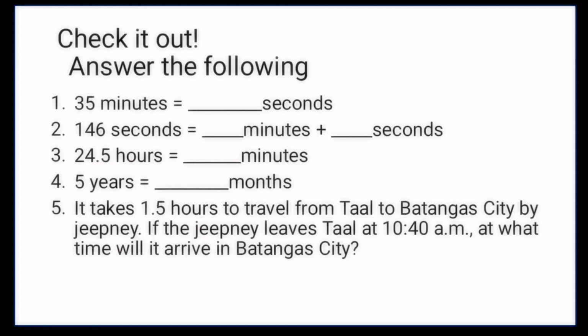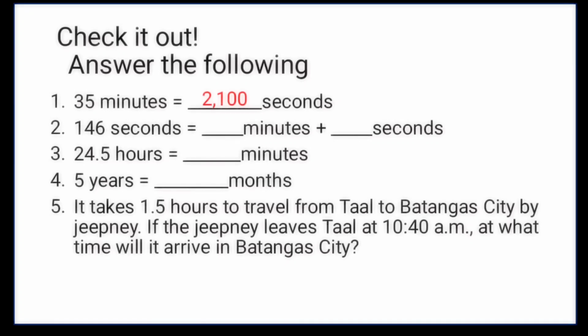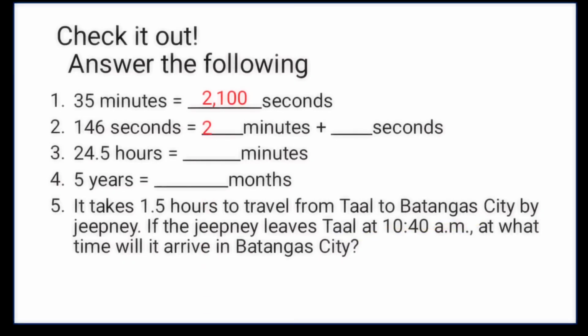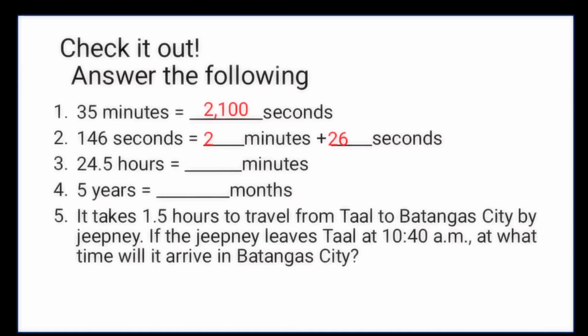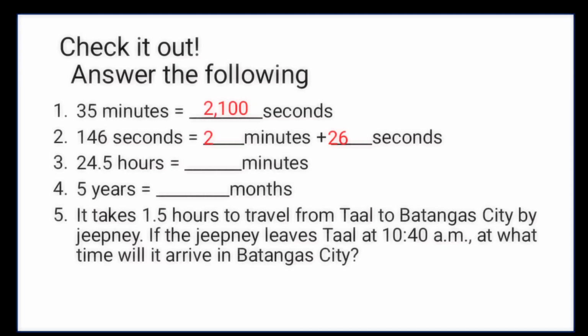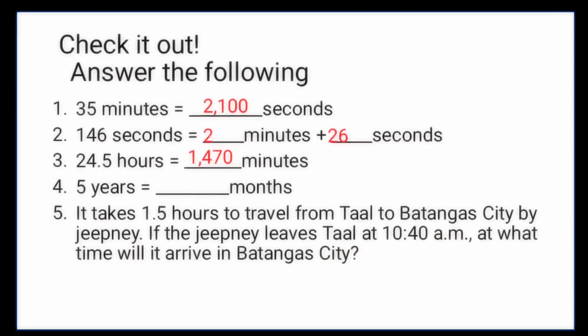Now I will reveal the answer. For number 1, 35 minutes is equal to 2,100 seconds. Number 2, 146 seconds is equal to 2 minutes plus 26 seconds. For number 3, 24.5 hours is equal to 1,470 minutes.